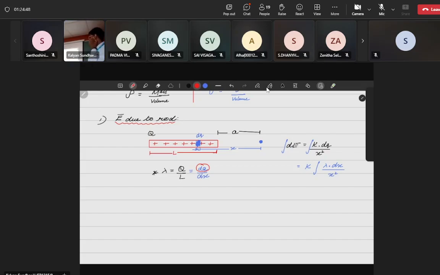Now what will be the limits? dx means we are going to integrate with respect to length.